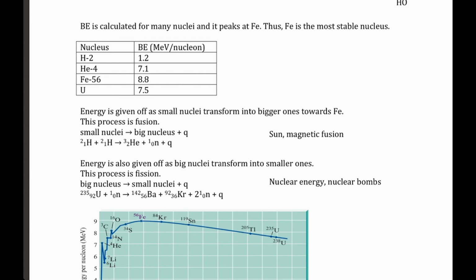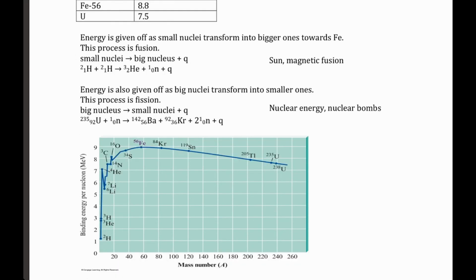So if we look at a graph of binding energy in the unit MeV per nucleon versus mass number, there's deuterium, the hydrogen 2 on the bottom left, with its value of 1.2, and we're seeing helium-4 higher. Uranium, its value of 7.5 is shown there.